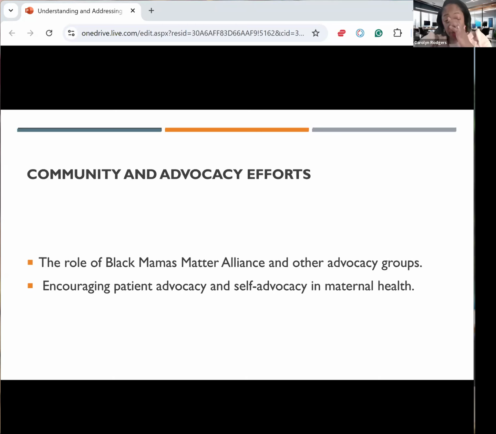There's also community advocacy efforts. So it's important to visit groups like the Black Mamas Matter Alliance and other advocacy groups that could also provide input as to ways that many of the patients would like to see their health care improved. And then you need to encourage patient advocacy and self advocacy in maternal health.